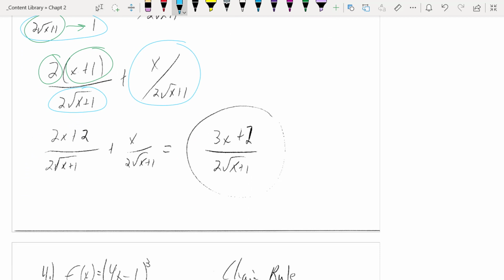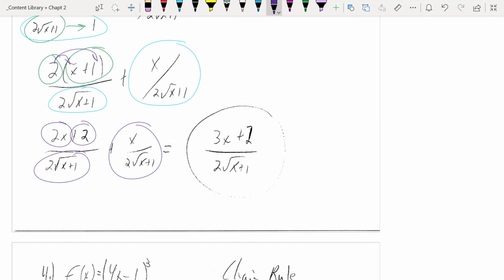To be able to combine them together, first I'm just going to go ahead and take the 2 right here and distribute it on through. So this is going to give me 2x plus 2, and now I still have over my denominator, and then I still have my other fraction over here. So the laws of fractions say once you have a common denominator, you can add or subtract your numerators and keep the same denominator. And that's what I'm going to do right here.